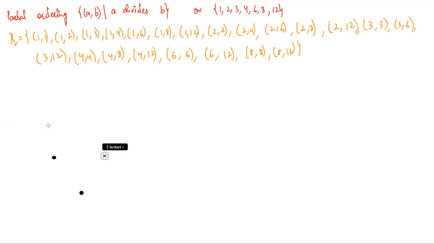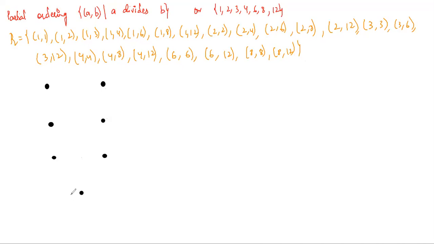You can take it in any order. This is the order I am taking because it is easier to draw. When you have vertices in this order, you will understand what I am saying in a minute. Since 1 is the initial vertex for most of the cases, and it is not the terminal vertex in any of the other ordered pairs, I have taken it at the bottom.